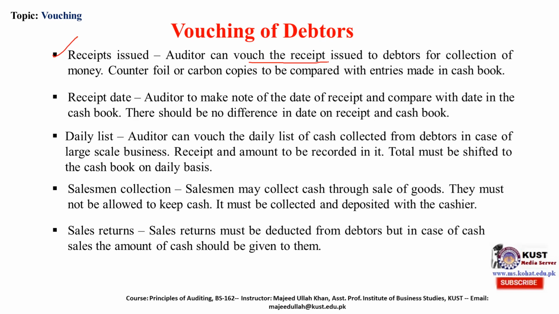If any money has been received from the debtors, the auditor should check the copies of the receipts that have been issued against the cash amount received from them. Counterfoils or carbon copies are compared with the entries made in the cash book.